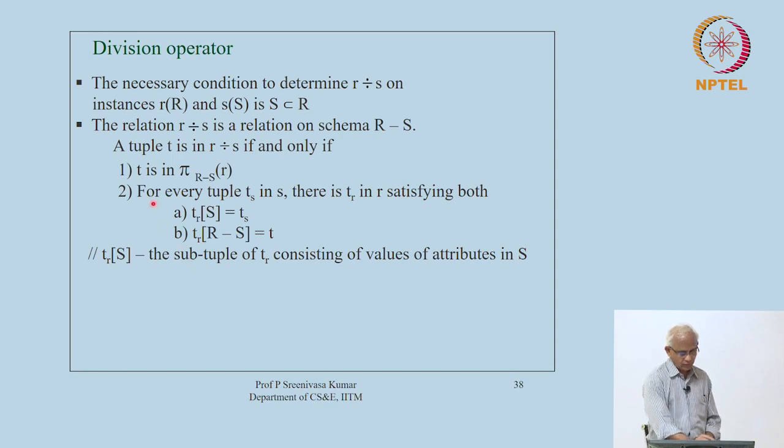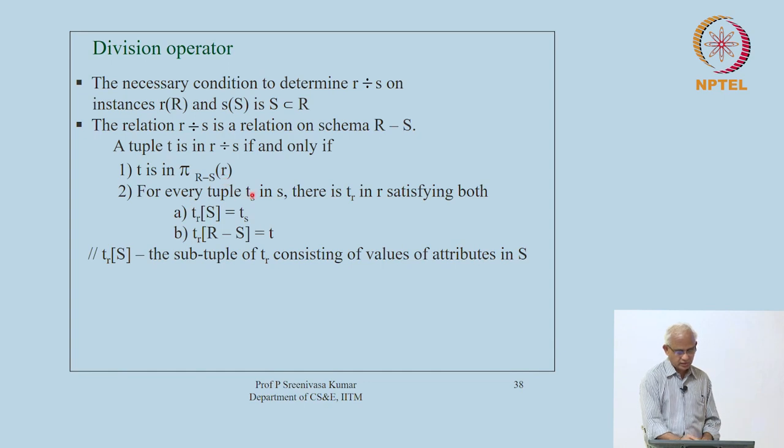Now, to define R divided by S, there are two conditions. It will consist of all those tuples T which are in the R minus S part of R, the first, left-hand operand.